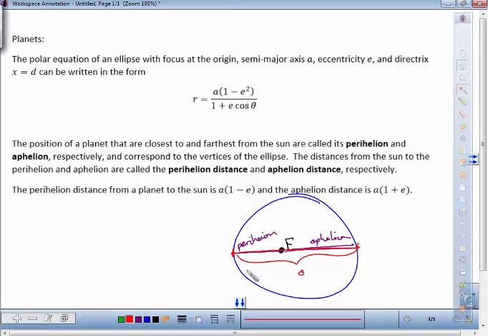So, for example, if we're looking for A here, it looks like the perihelion distance is A times this, and the aphelion distance is this.